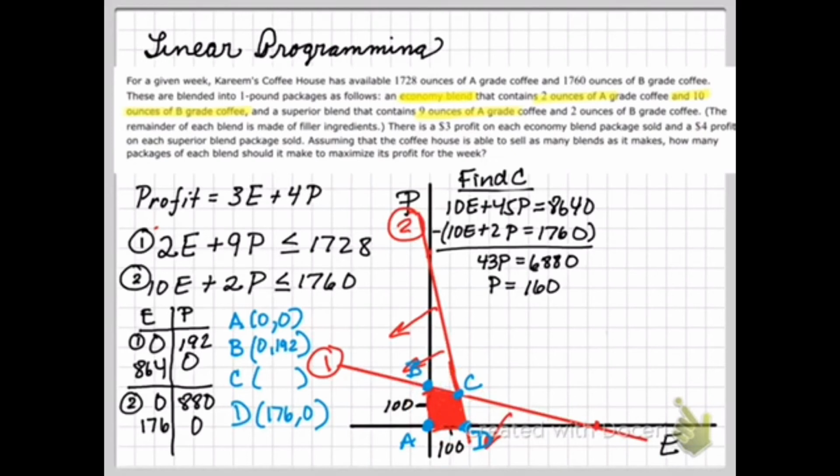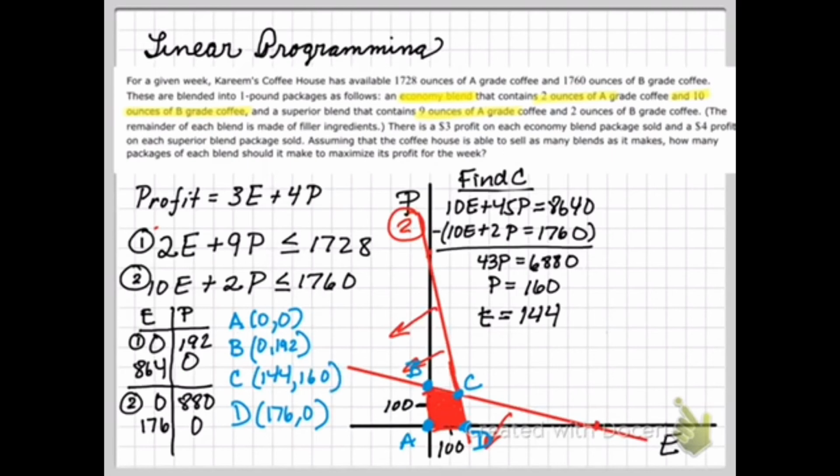Having found the 160, I can substitute that back in and find the value of E. It should be easy enough to do. Okay, so I'm getting E is 144, and that closes out our calculations for C. So that's 144 for the E, and 160 for the P.